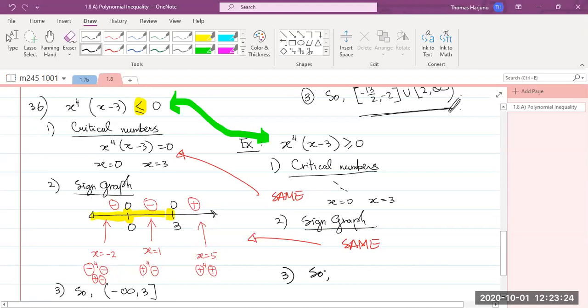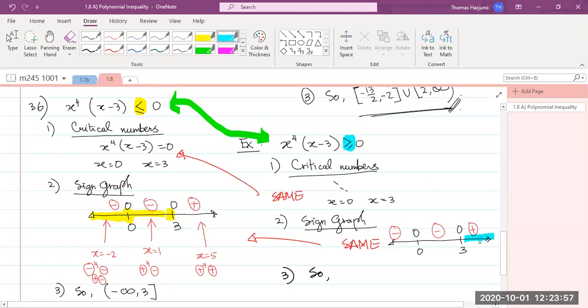So what's the conclusion? The critical numbers are 0 and 3. The sign here is positive, this is negative, this is negative. Now, what we need is the positive part and 0.